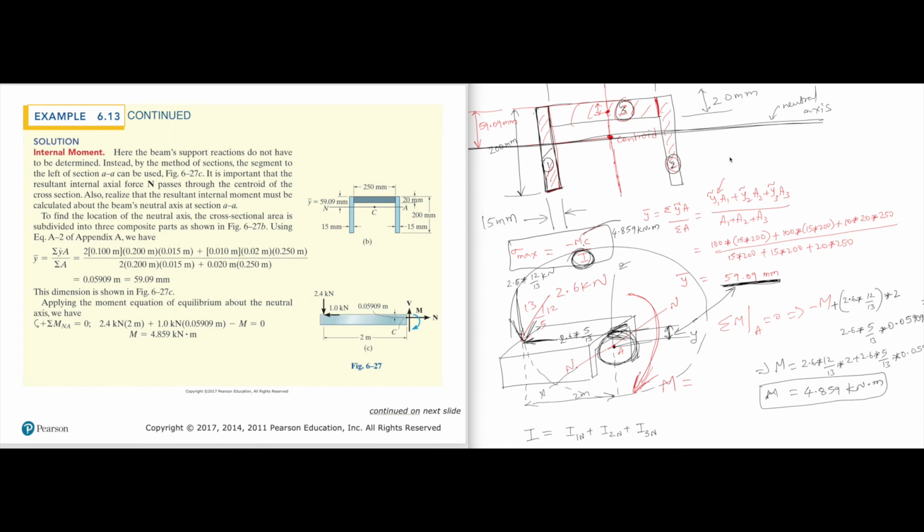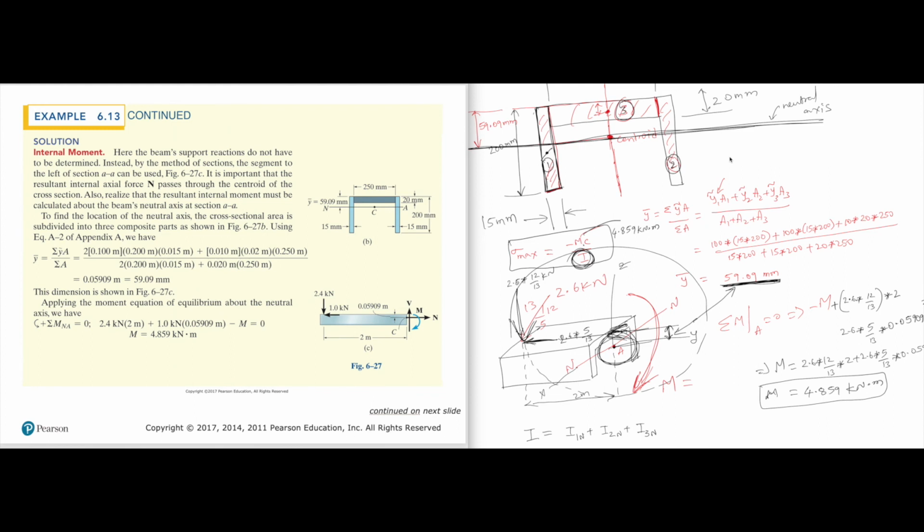How many of you are thinking that? Or do you think we have to use the parallel axis theorem? When should we use the parallel axis theorem? When the neutral axis does not coincide with the centroidal axis of 1, then we have to apply the parallel axis theorem.